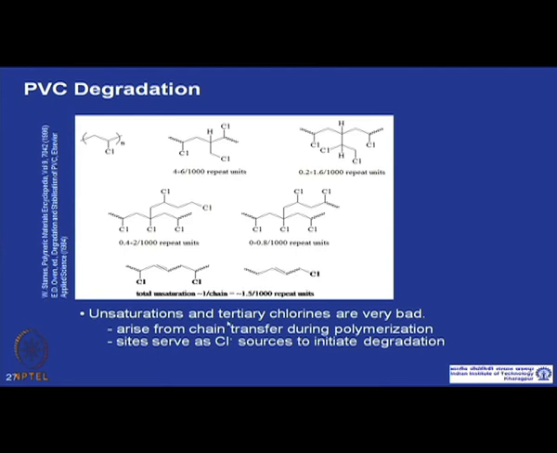So, the unsaturation and the tertiary chlorines are very bad for thermal stability of polyvinyl chloride, and this unsaturation or the presence of tertiary chlorine arises due to the chain transfer reaction during polymerization. It is very difficult to avoid those reactions, and these sites serve as chlorine radical sources which basically initiate the degradation.